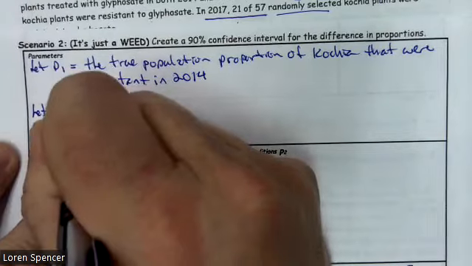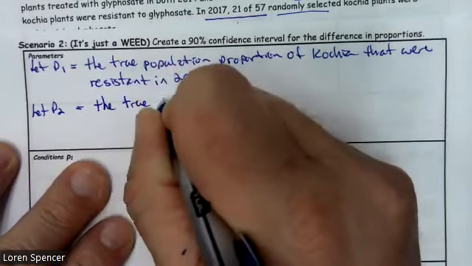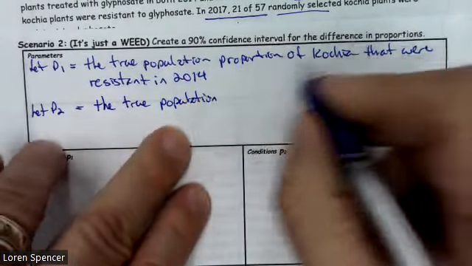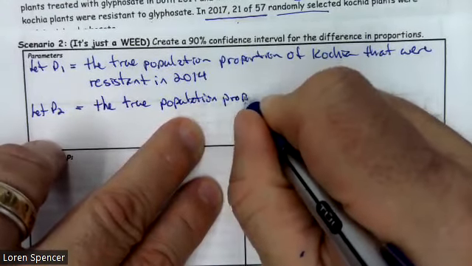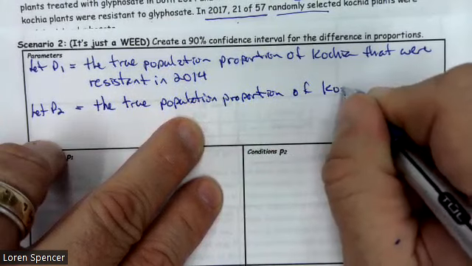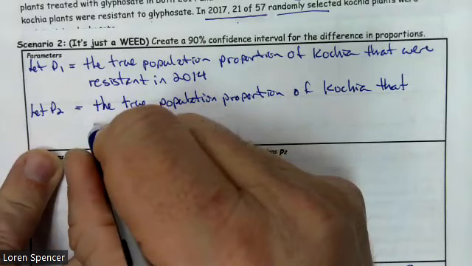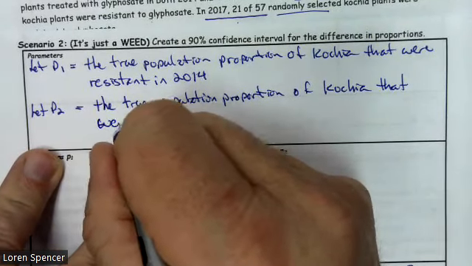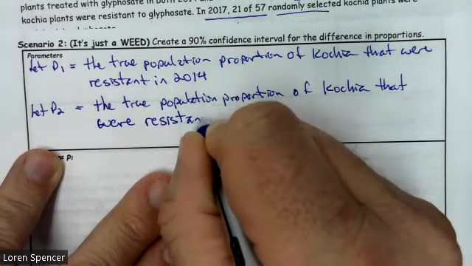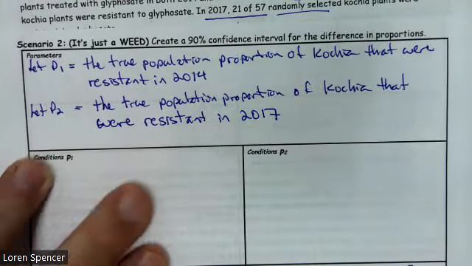Let p2 equal the true population proportion of kochia that were resistant in 2017.